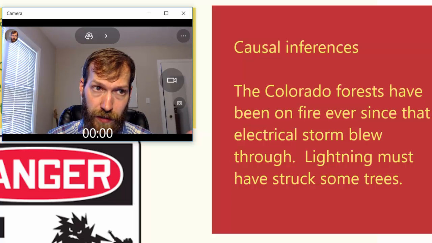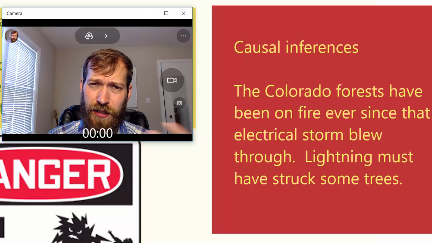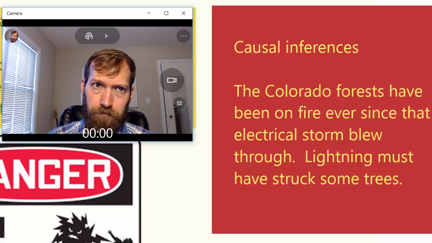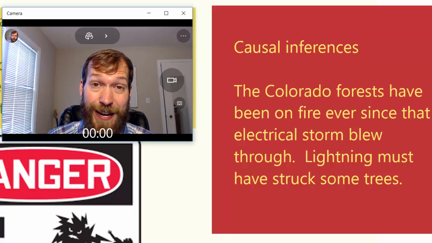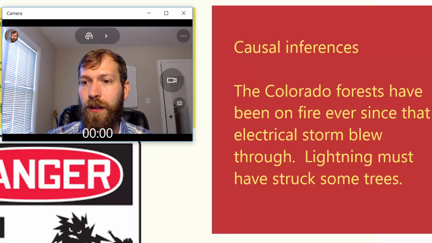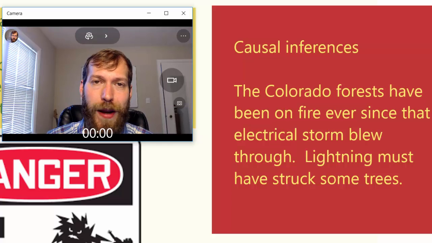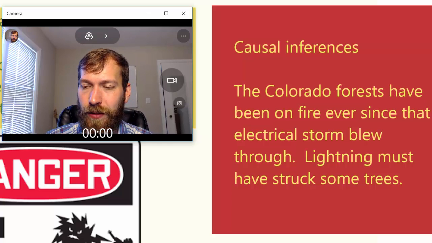You can also, and this is when causal inferences start also being predictions, if we know that a particular event tends to have a particular effect, by which I mean cause a particular effect, then we can make a conclusion about the future.